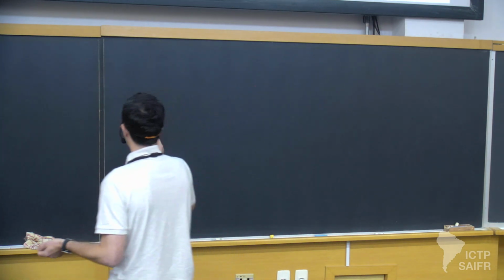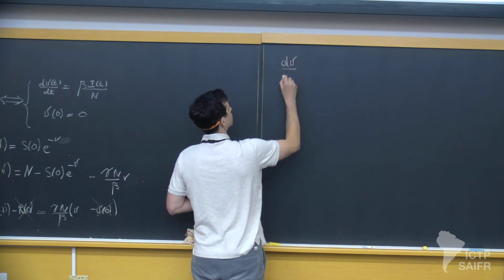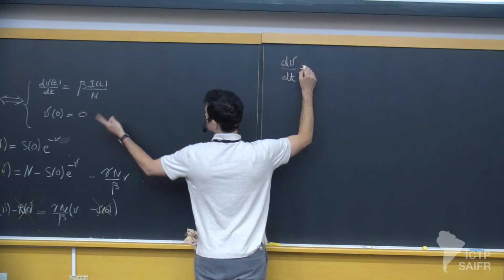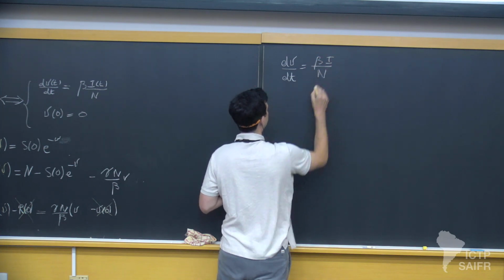You have a problem. But what you can do is simply notice that, by definition, d nu of t is this beta I over n, right?